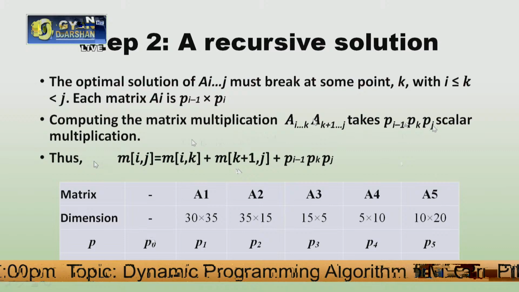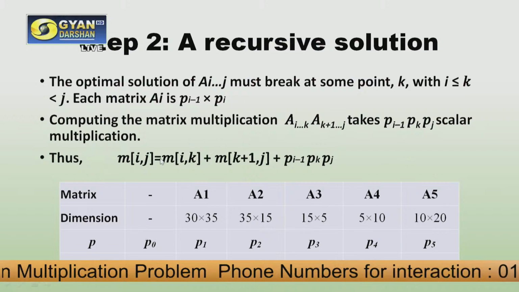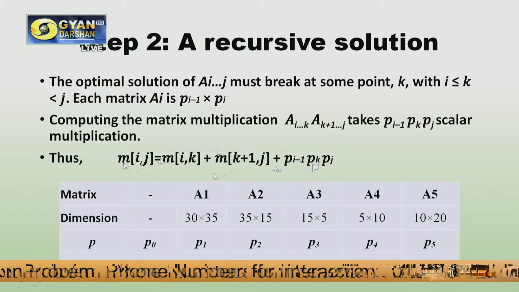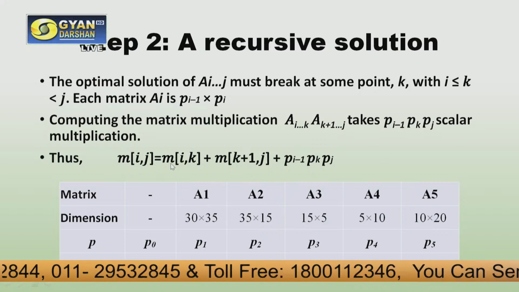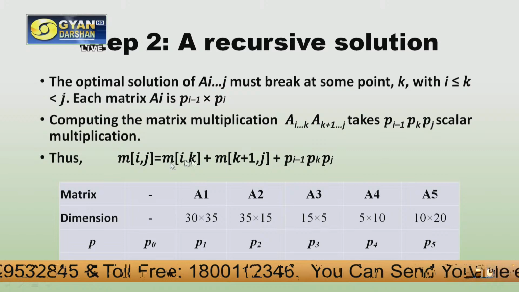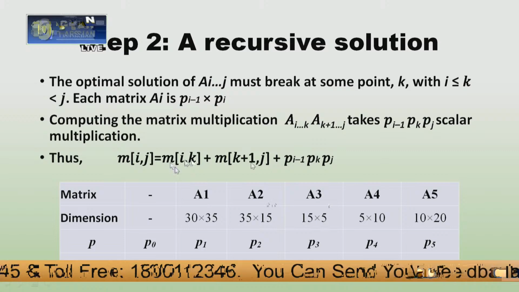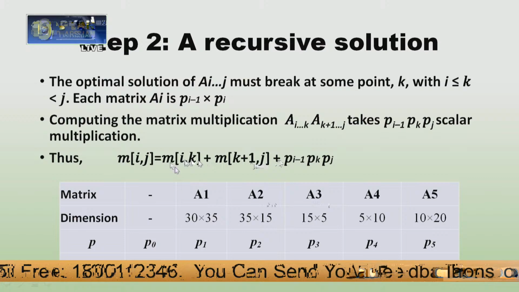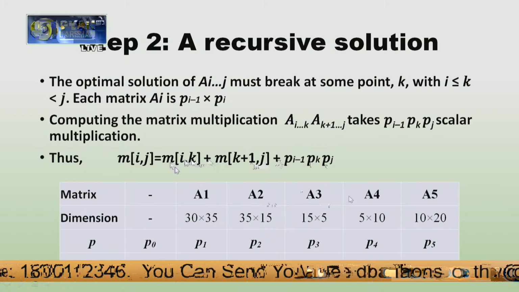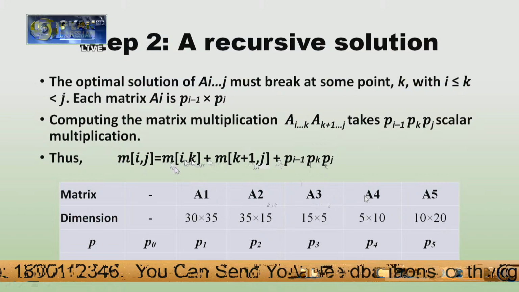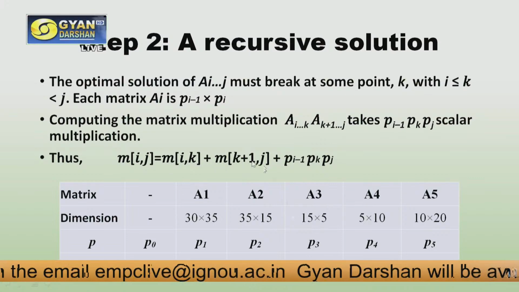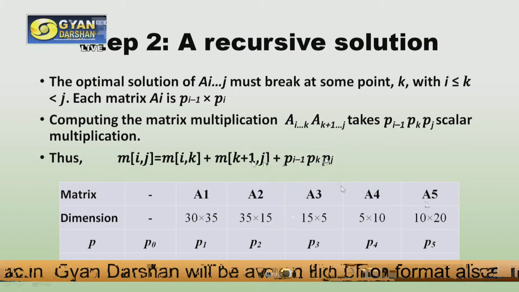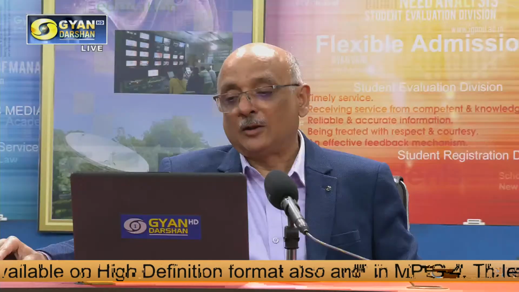So the final term, the dynamic value which we will be computing, is the minimum cost of computing matrix I to J, which is the minimum cost of computing from I to K, and then K plus 1 to J, plus the dimension of Pi minus 1, then the dimension of Pk, for example 5 in this particular case, and finally the dimension of Pj, that is the second dimension of the matrix, the column value.